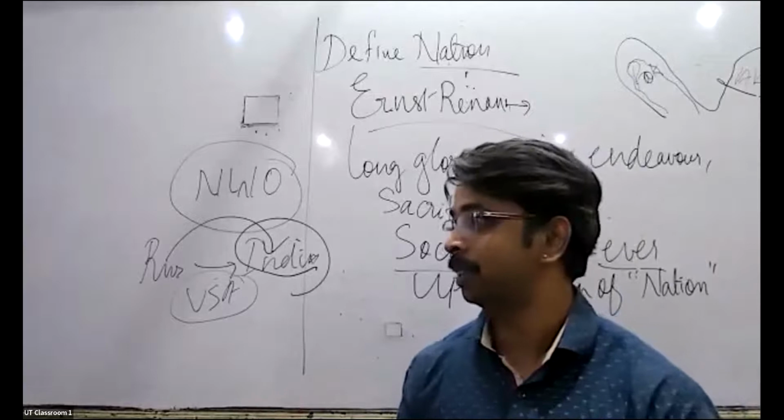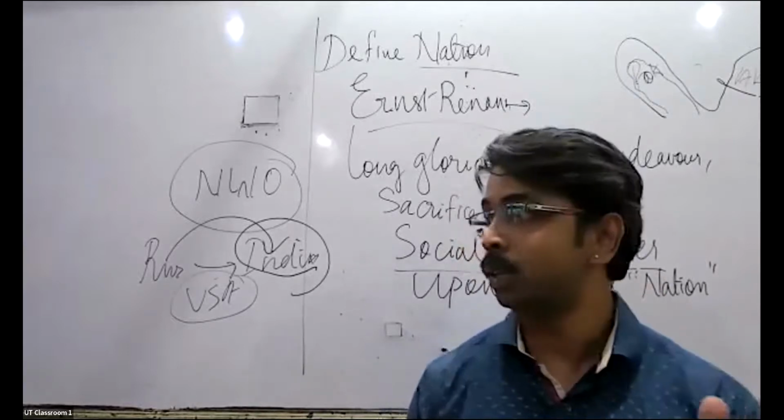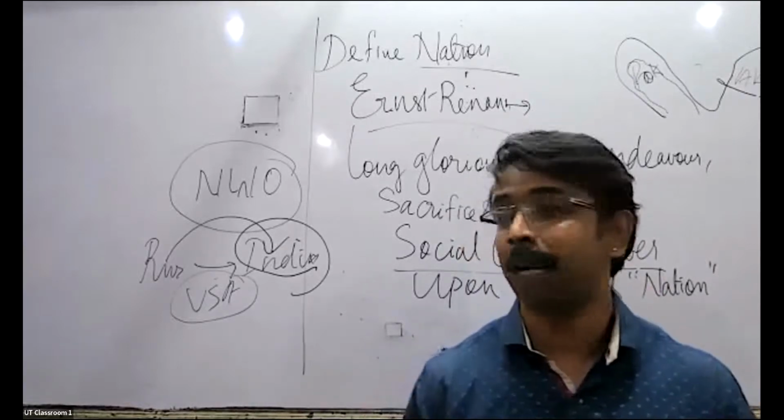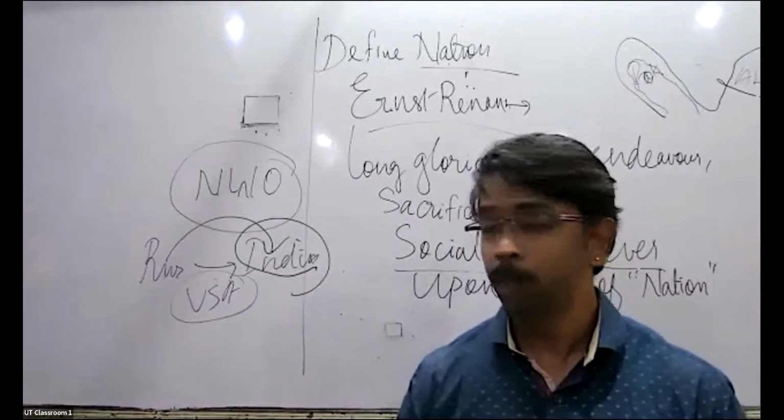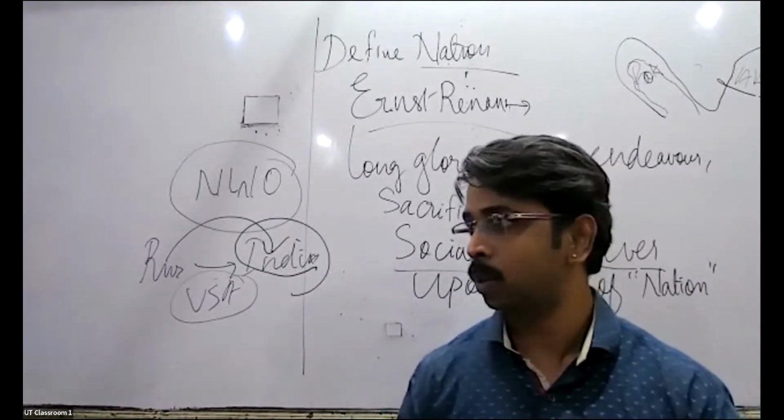Means when you become the leader of the nation, the first thing you have to tell the people is that we are a proud nation. If you are an acquired citizen, you understand an acquired citizen?